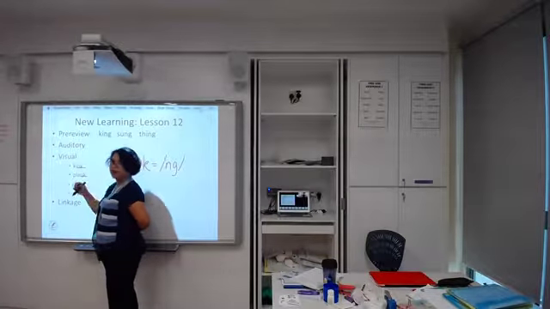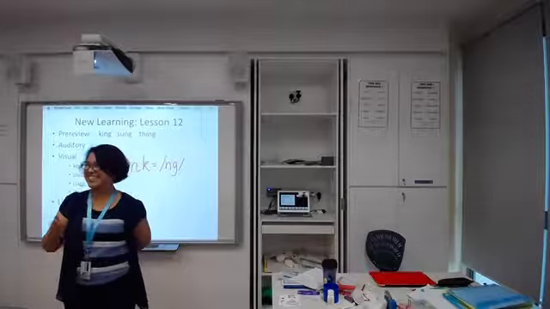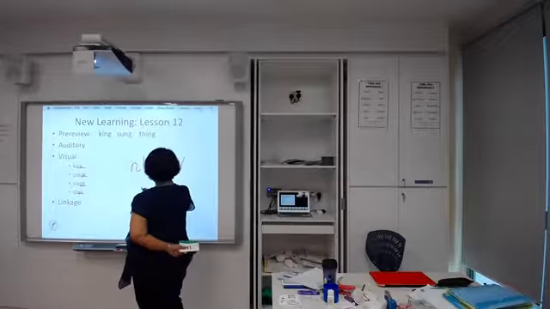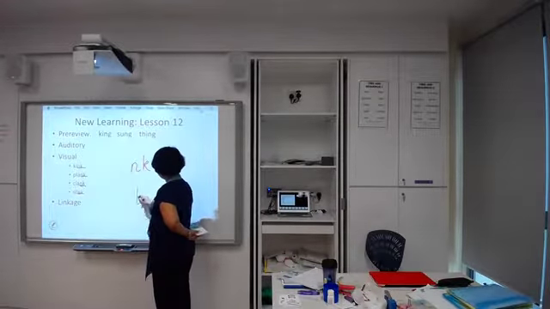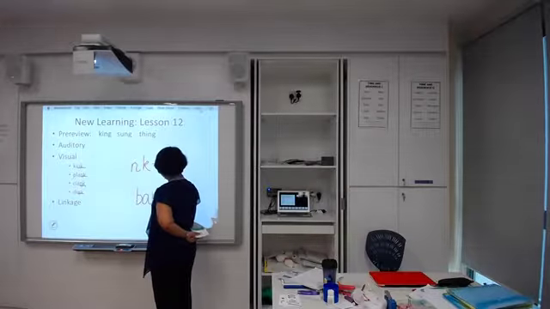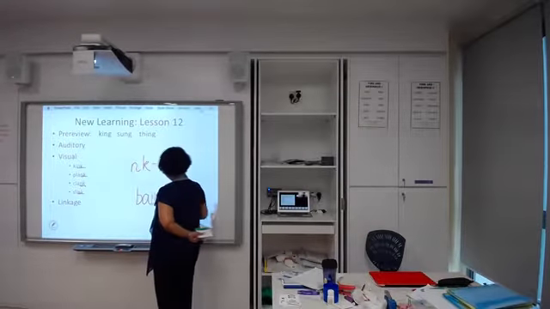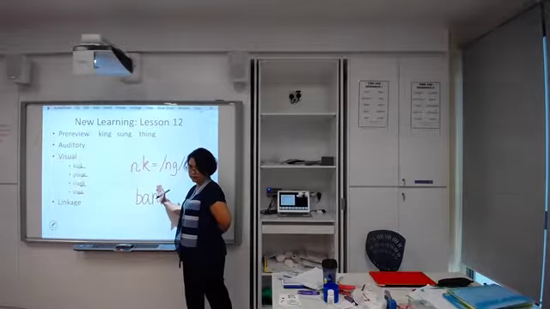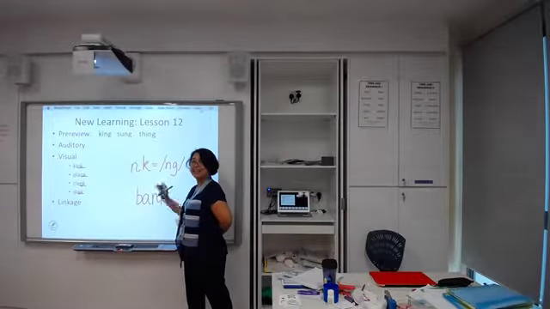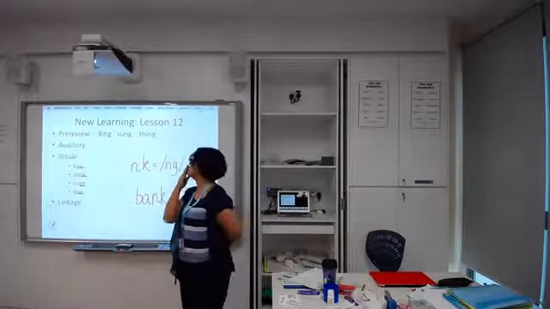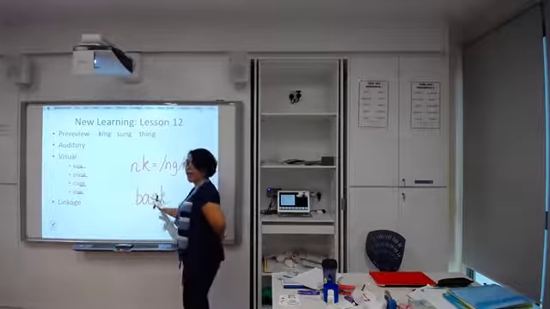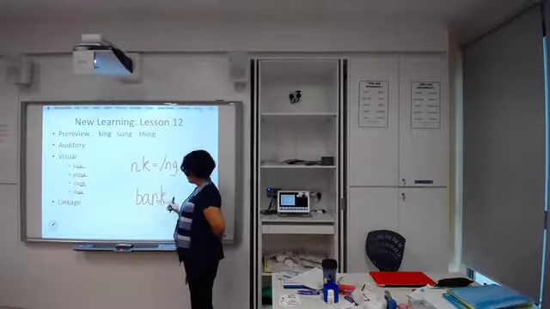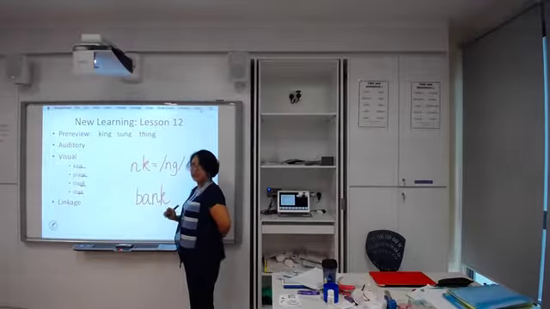I don't hear the difference. We can talk about it. So let's look at this word. Okay? If there was no K, how would you read that? Ban. Your tongue is here, almost in front. Ban. But if there's a K, bank.